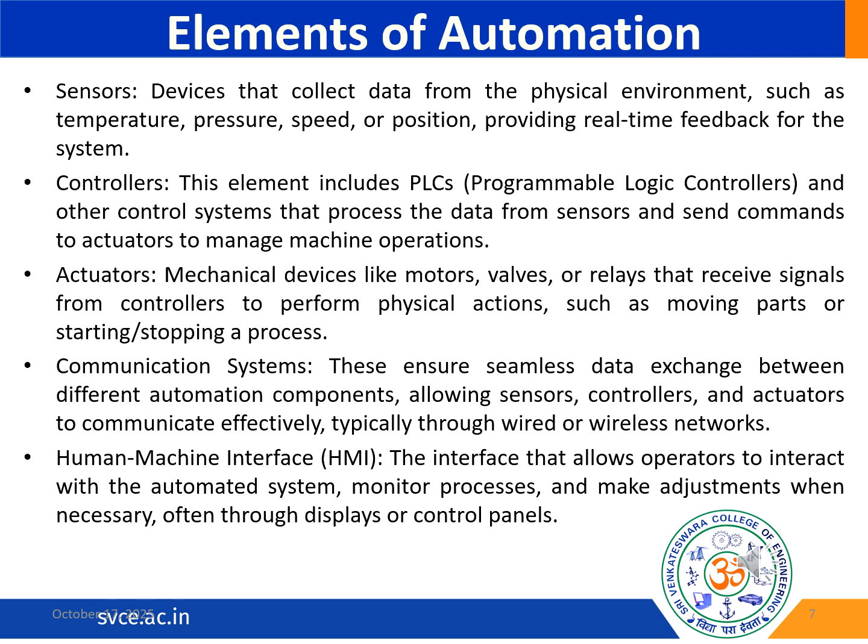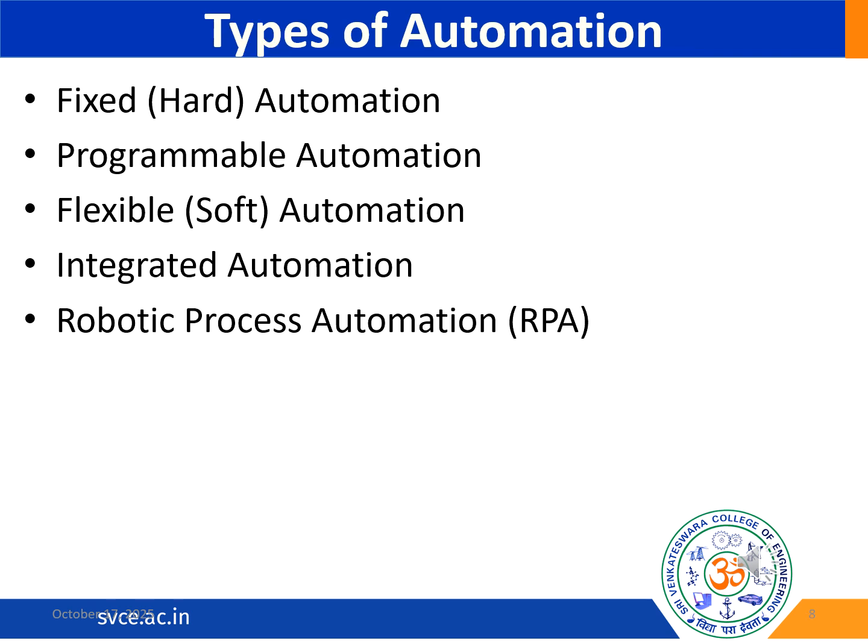Next we'll move on to the human machine interface. This interface allows operators to interact with the automated system. The HMI also monitors processes, and it makes adjustments when necessary. That can also be done using control panels and so on. These are the types of automation.